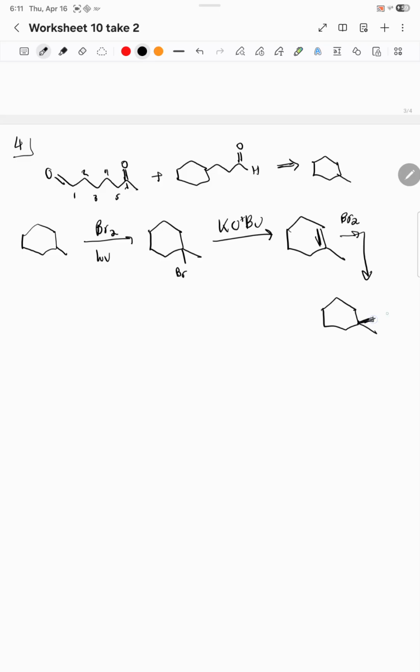Probably the stereochemistry would be anti. And from here, what can we do? We learned that if we saw this, an aspect of HBr, then we could do double elimination. So sodium amide, 2 equivalents. What do we get? We get the following.